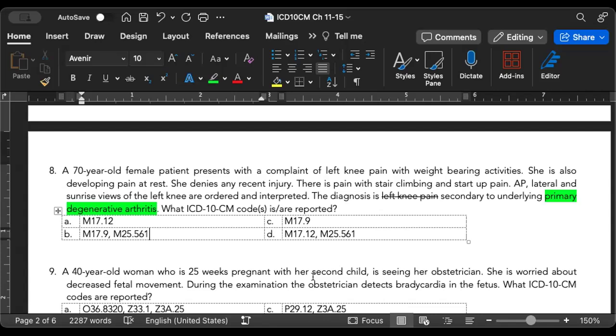It tells us to see something else. What does it tell us to see? Osteoarthritis. Yep. So we'll go to osteoarthritis.